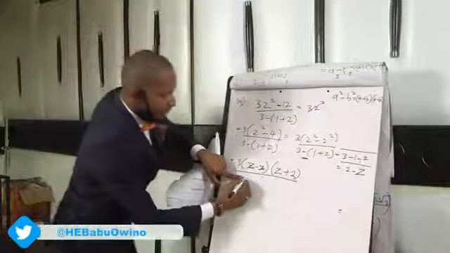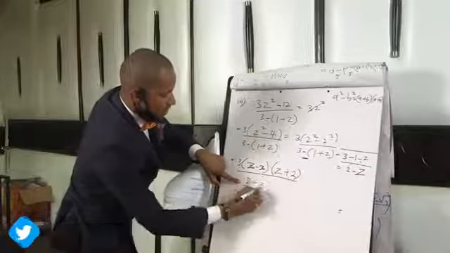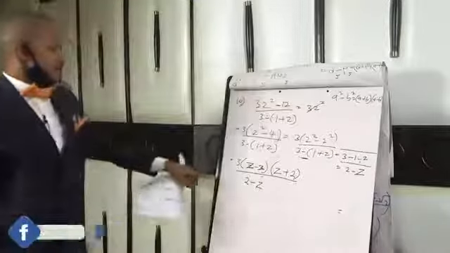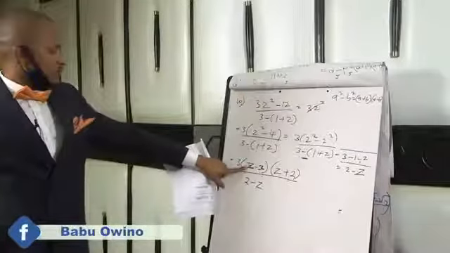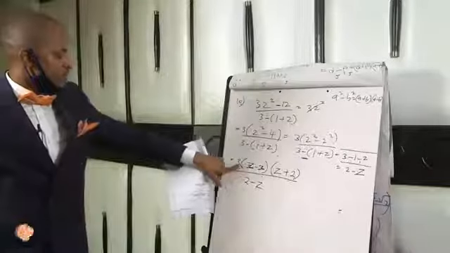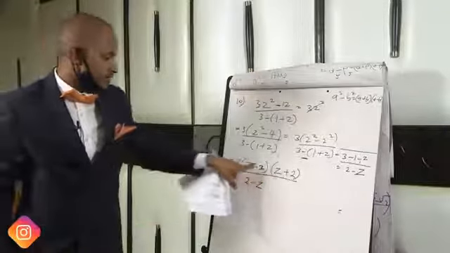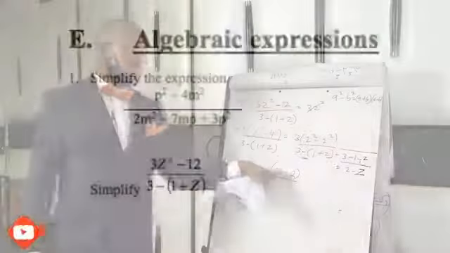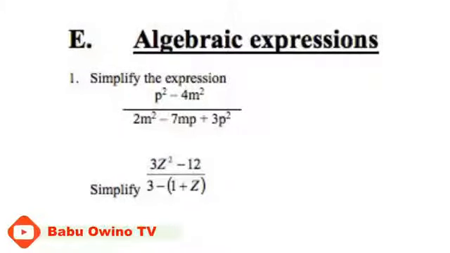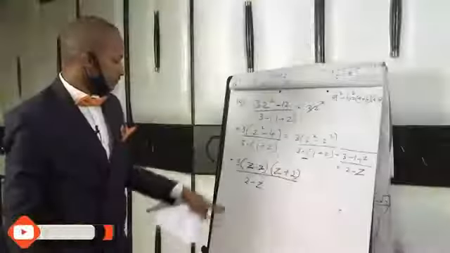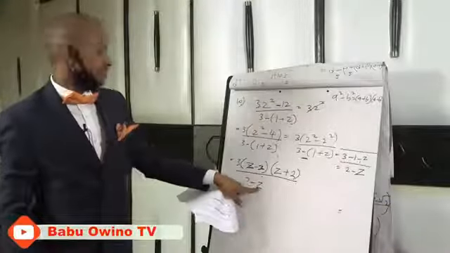So down here we have 2 minus z. Again, you can easily see that we have 3 into z minus 2 into z plus 2, divided by 2 minus z.